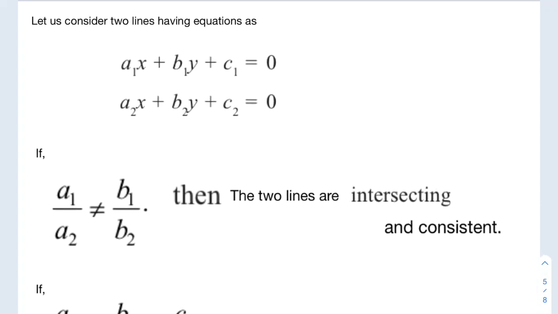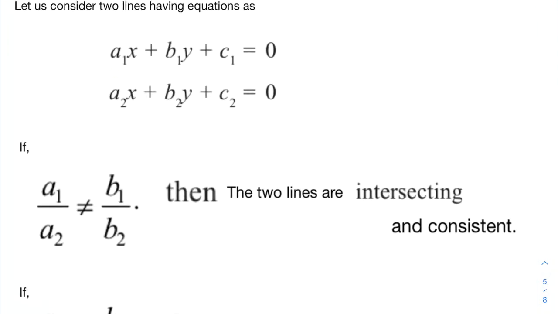Now suppose let us consider two lines having equations a1x plus b1y plus c1 equals 0, and a2x plus b2y plus c2 equals 0. Now if the ratio of a1 upon a2 is not equal to b1 upon b2, if this condition is there, then we can say that the two lines are intersecting.